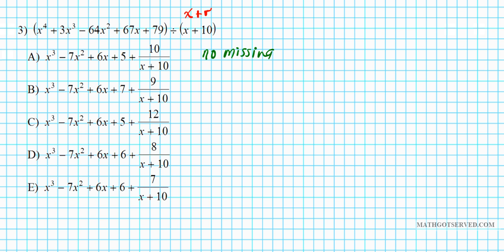If you have no missing terms, there is no need for a placeholder. Okay, so we have 4, 3, 2, 1, and x to the 0. Nothing is missing. Perfect. Since there are no missing terms, let me just rewrite it. We have x to the 4th plus 3x to the 3rd minus 64x squared plus 67x plus 79.